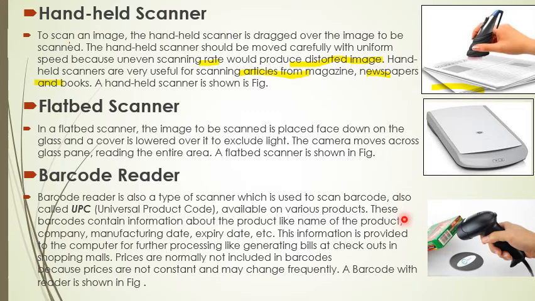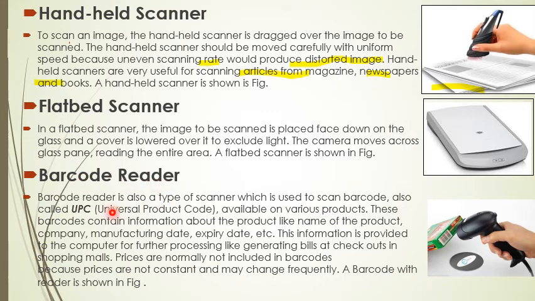This barcode is available on various products, just like if you go to the Imtiaz supermarket or big stores, or if you want to buy a book, on a book you can see barcodes are there. So to scan fast or to enter the data inside your computer fast, we use a barcode reader.